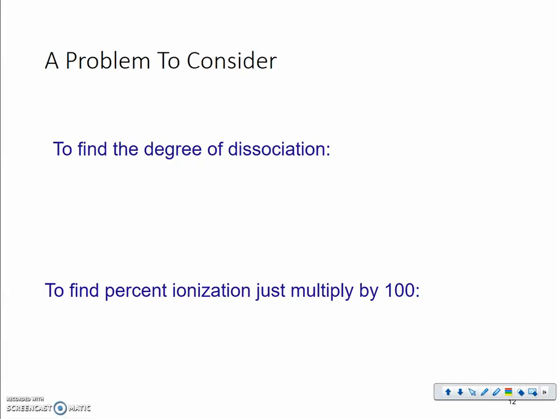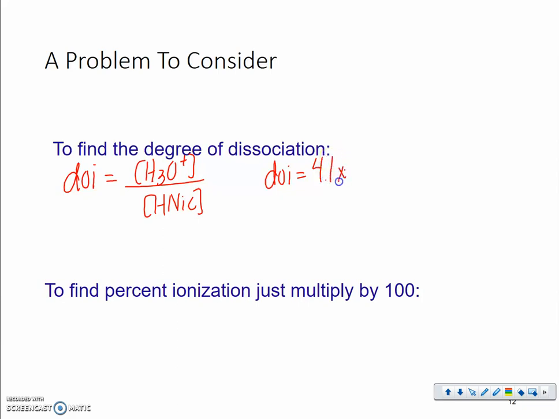To define the degree of dissociation, we want to know how much H3O plus we have at equilibrium over our starting amount of our acid, so in this case HNiC. So our starting concentration is 0.012.